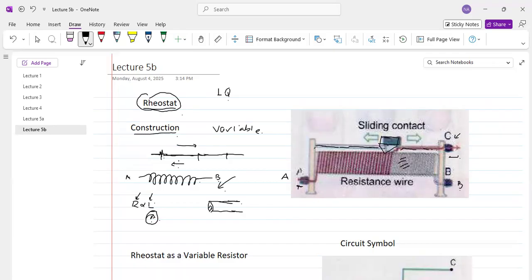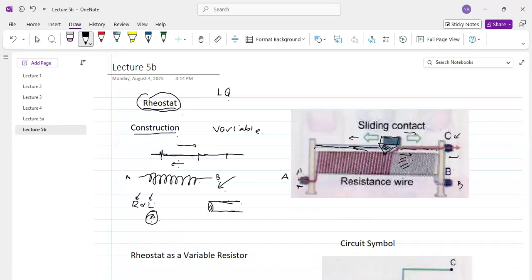Sliding contact means a contact which can slide over the wound wire. And when this contact moves this way, this contact point moves towards this end. And when this sliding contact is moved towards right, this contact point moves towards this end of the wire.